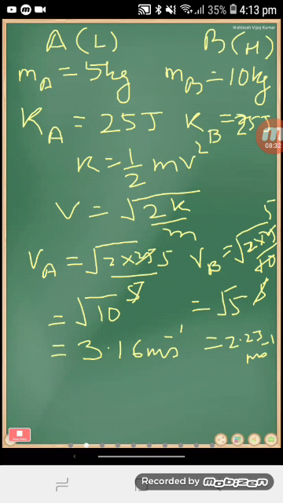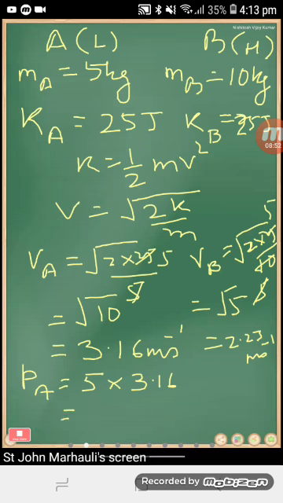Now if we try to find out the momentum, so momentum for A will be equal to the mass of A into the velocity of A. Mass of A we have taken as 5. Velocity is taken as 3.16.